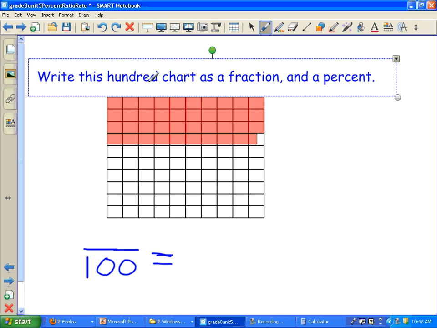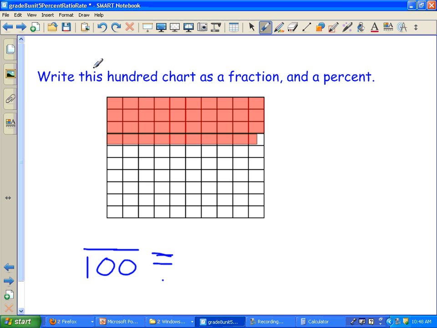Looking at this one, write this 100 chart as a fraction and a percent. As a fraction out of 100, count them up. 10, 20, 30, 31, 32, 33, 34, 35, 36, 37, 38, 39. So I've got 39, and it looks like about a half. 0.5. Change that, of course, to shift that decimal one place, and it'll add a 0.